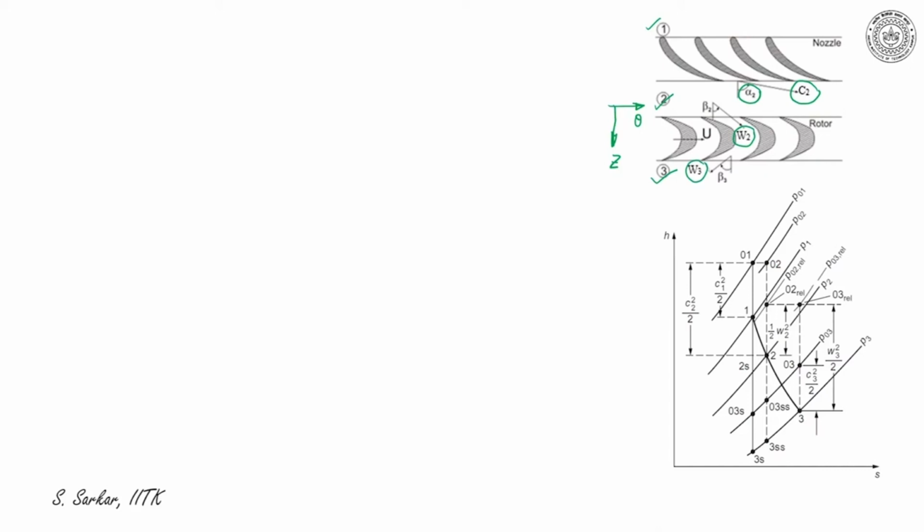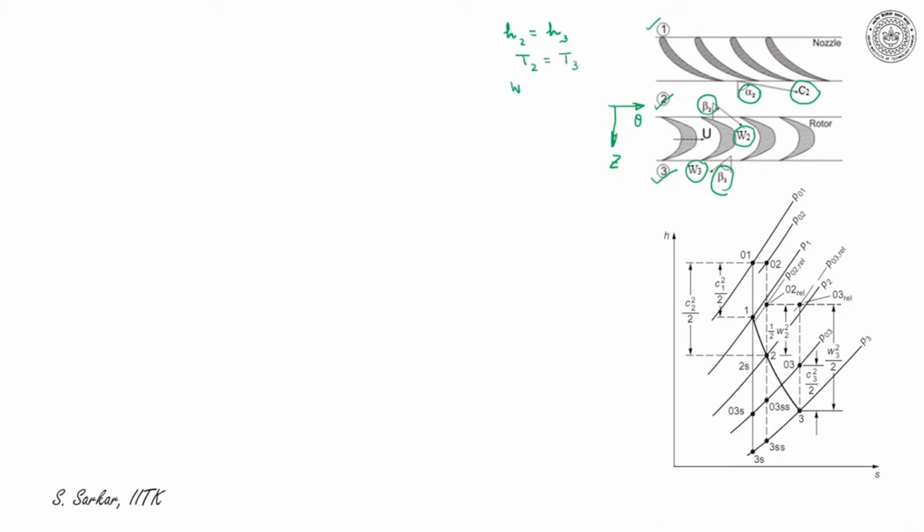So W2 makes an angle beta 2 with the z-axis and W3 makes an angle beta 3 with the z-axis. For an impulse turbine, we know there is no static enthalpy drop in the rotor. So H2 must be equal to H3 and thus T2 is equal to T3.